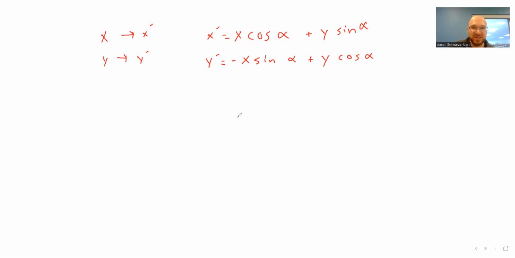So I want to put this into matrix form. XY is multiplied by this matrix to get that. So x times cosine alpha, sine alpha, and negative sine alpha, cosine alpha.